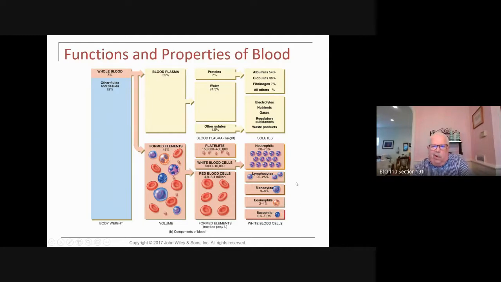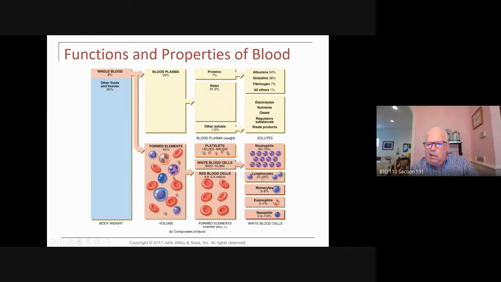How do you remember the most abundant to the least abundant? Well, in medicine, we learn mnemonics to remember almost everything. And the mnemonic to remember the most abundant white cell to the least abundant white cell is: never let monkeys eat bananas.